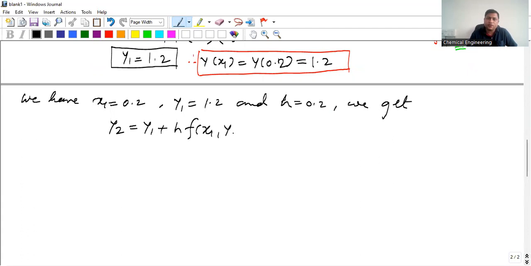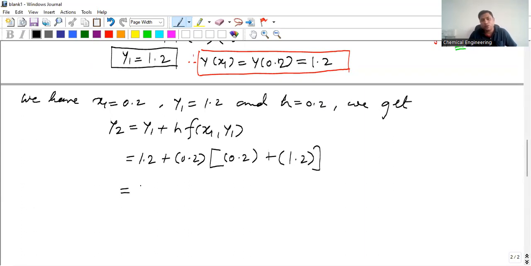Now let us calculate. So it is 1.2 plus 0.2 times, here we have x1 is 0.2 and this is 1.2. So 1.2 plus 0.2 into 1.2. So with this value, what do you get for y2? You can calculate what this value is going to be.